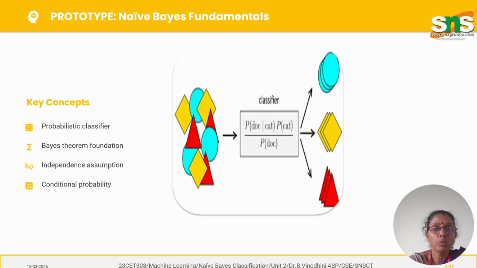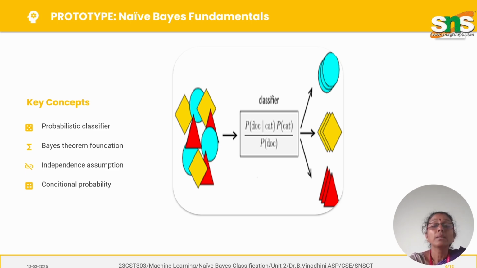As I already said, based upon the prior knowledge and evidence of the particular event, we calculate the posterior probability of the particular class label. The key concept behind Naïve Bayes is that it is a probabilistic classifier with a Bayes theorem foundation. We should know the Bayes theorem foundation and the independence assumptions. We have to know what the features are and which of them are independent. That we have to identify.